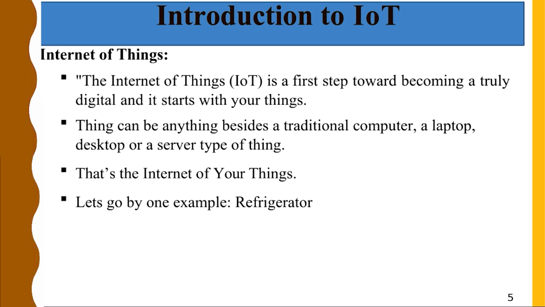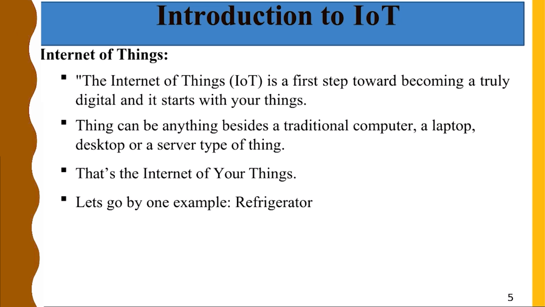A main computing device we cannot call an IoT device, because it is not the typical thing that has some other dedicated function. Its function is to compute, whereas I am talking about your things, which we can call IoT devices.